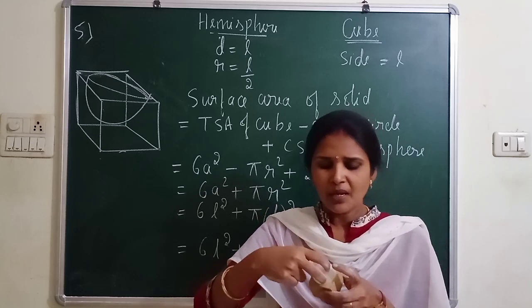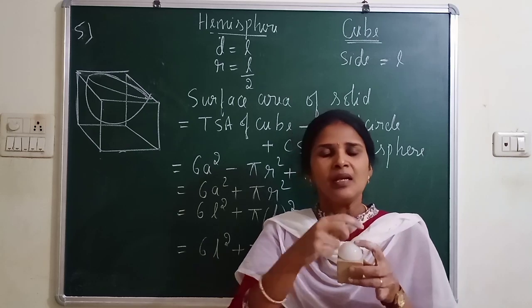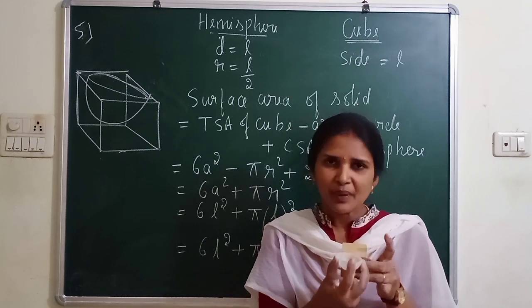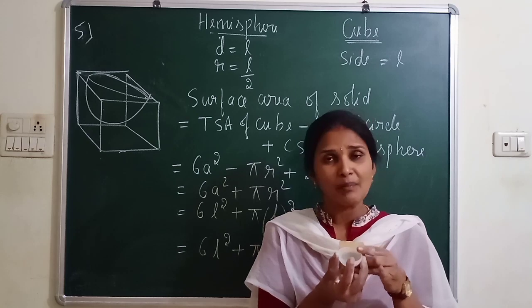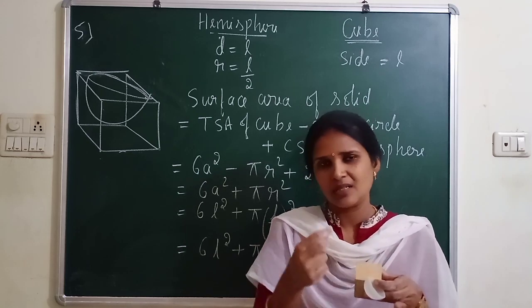Just like when it is mounted on this block, the corners can be seen, even if you take a hemispherical depression from the cubical block you can see the corners, that is the extra part.